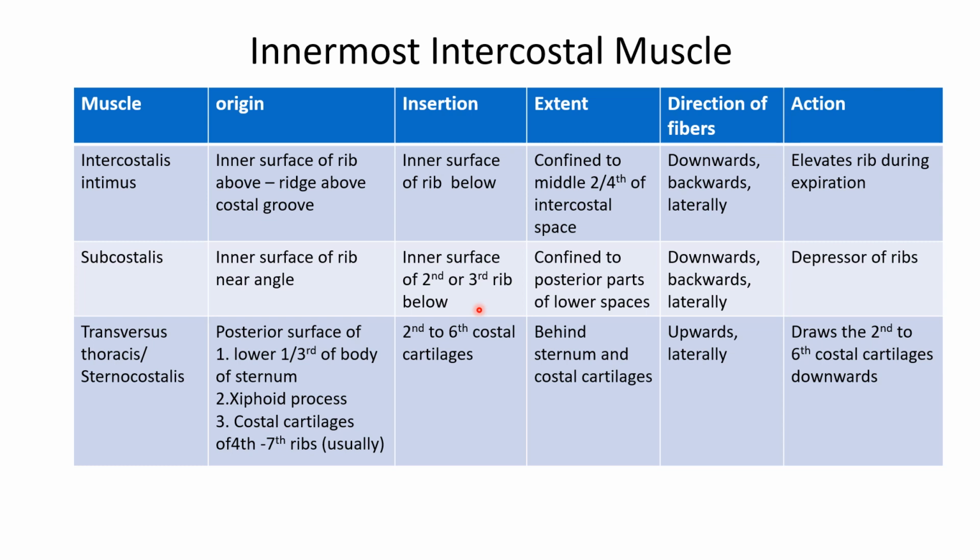The transversus thoracis or sternocostalis arises from the posterior surfaces of the sternum, xiphoid process and costal cartilages of 4th to 7th ribs. So it arises from the lower 1/3 of the posterior surface of the body of the sternum, the posterior surface of the xiphoid process, and the posterior surface of the costal cartilages of 4th to 7th ribs, and it gets inserted into the 2nd to 6th costal cartilages.